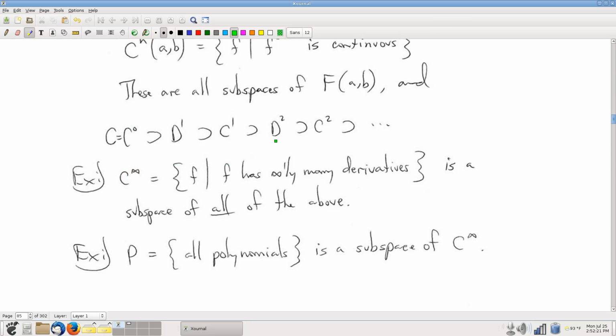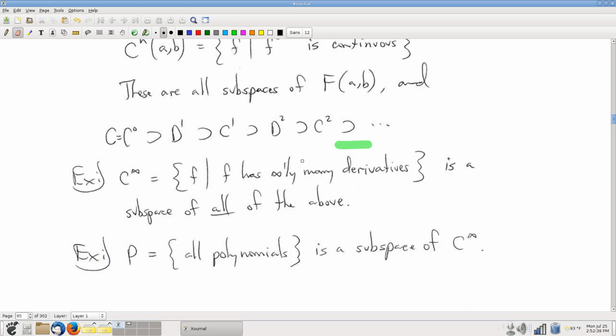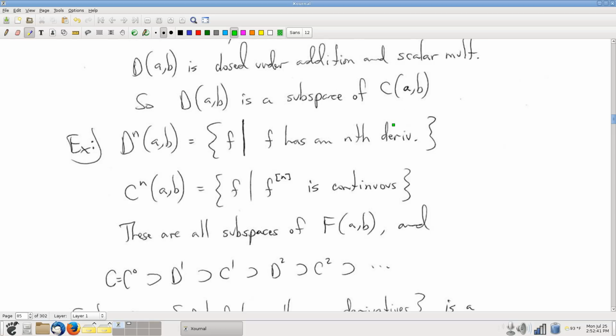So that tells you a little something about how big the vector space of all continuous functions is. It's way bigger than an enormous, in fact, it's in some sense infinitely bigger than an enormous vector space. That's a fun little discussion.